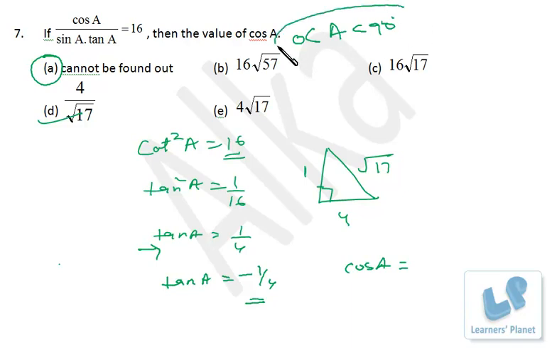So if this is not given over here, A may be in the first quadrant, second quadrant, or third or fourth quadrant. So finally you cannot find out the answer. I'm sure you are getting me, and this is actually very important.